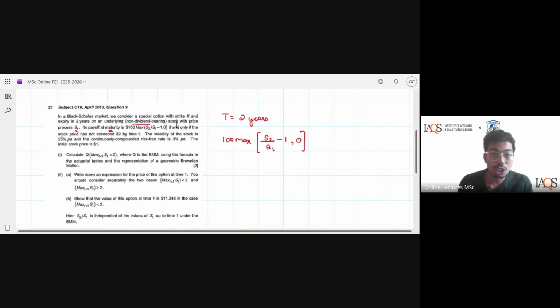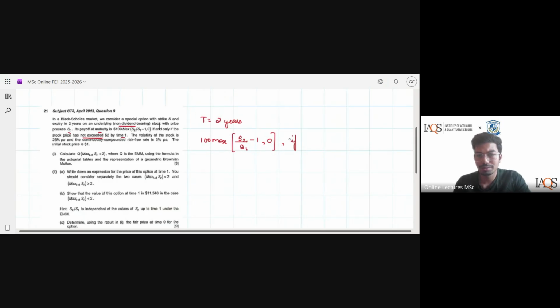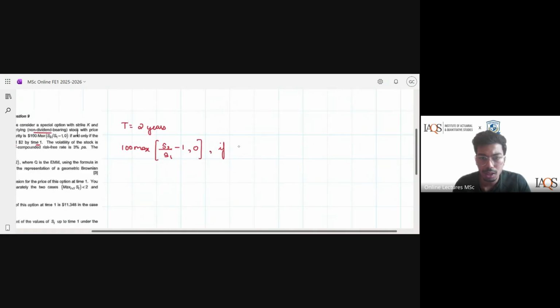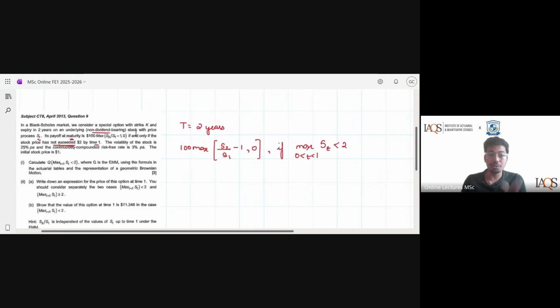If and only if the stock price has not exceeded 2 by time 1. That means they are saying, if the maximum value of the stock price between 0 and 1 is less than 2. Let me write this as ST. They are saying you will get this payoff if the stock price has not exceeded 2 by time 1.